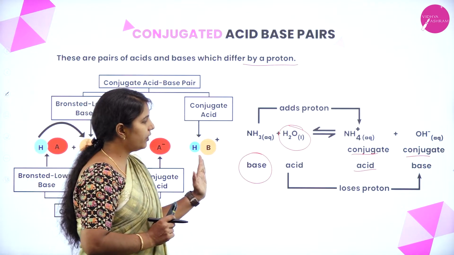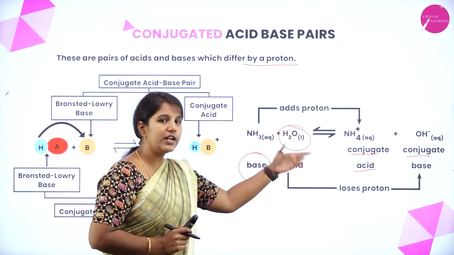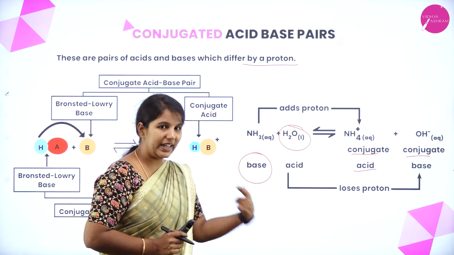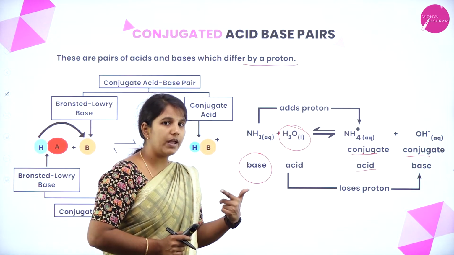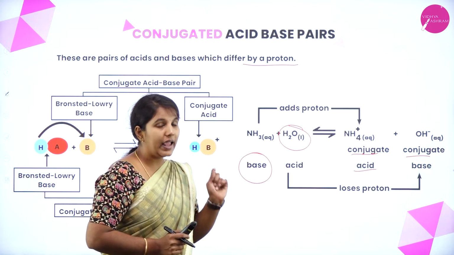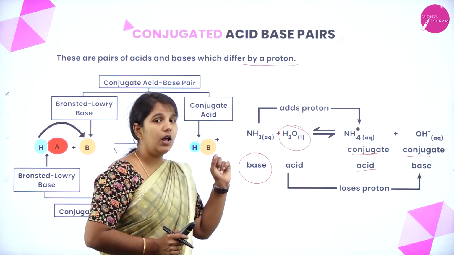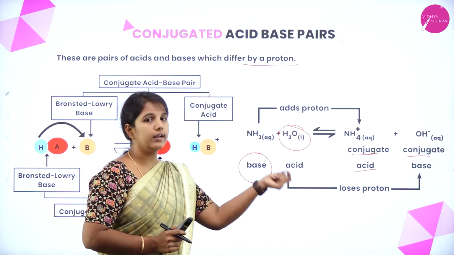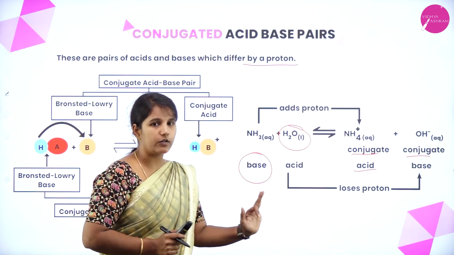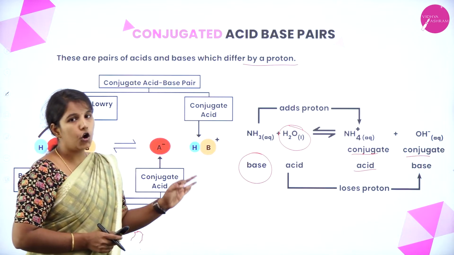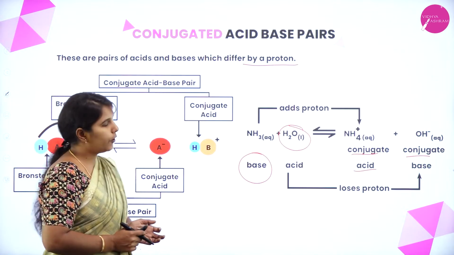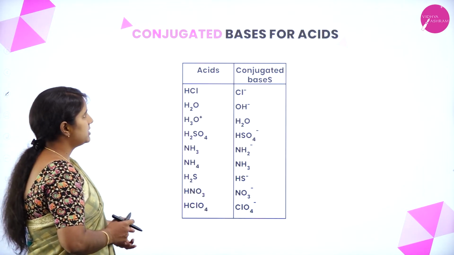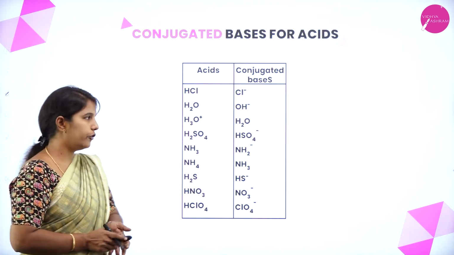So this is how only the loss of a proton and the addition of a proton takes place during chemical reactions, and this idea was given by whom? Bronsted-Lowry. Hence, this involves only the transfer or loss of a proton. Hence, it is known as what? Conjugate acid-base pair.